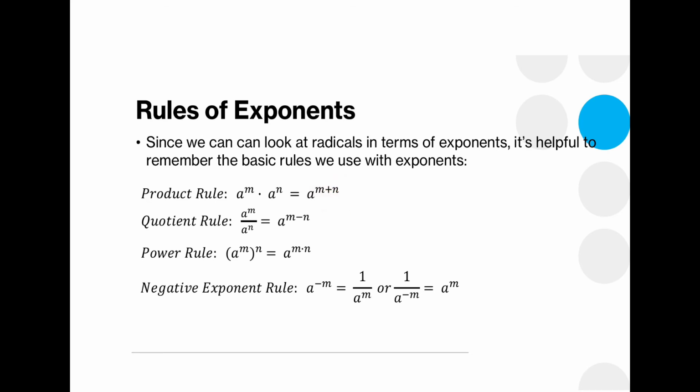For example, if we have 2 squared times 2 to the third, thinking about what those represent, 2 squared is 2 times 2, and 2 cubed is 2 times itself 3 times. And then we're multiplying them. Notice everything here is multiplication. I put the parentheses there, but I could remove them because everything there is multiplication. There's literally 5 2's that are being multiplied.